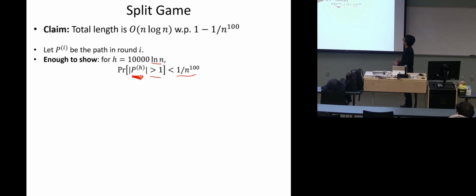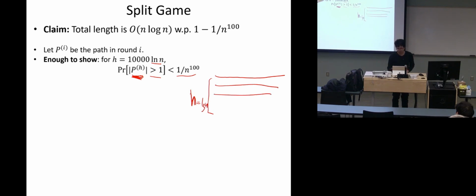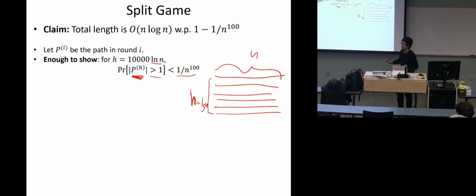Why is this enough? Because if I know that I'm going to stop after h rounds, let's say that I start with the whole path, and I stop at round h where h is like log n, then the length of the path in each round is at most n anyway, and there are h many rounds, because once the length is 1, I stop.